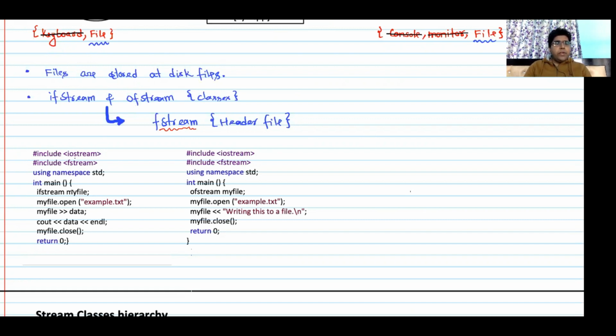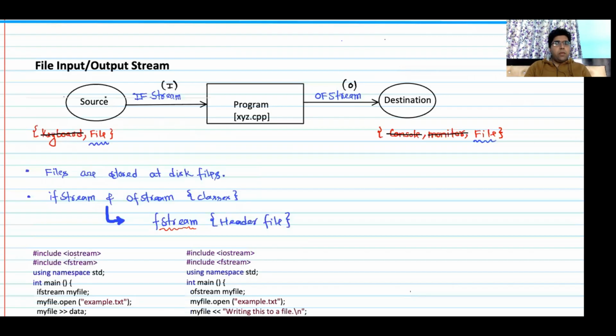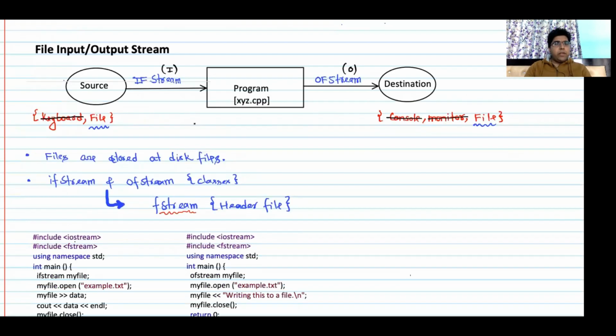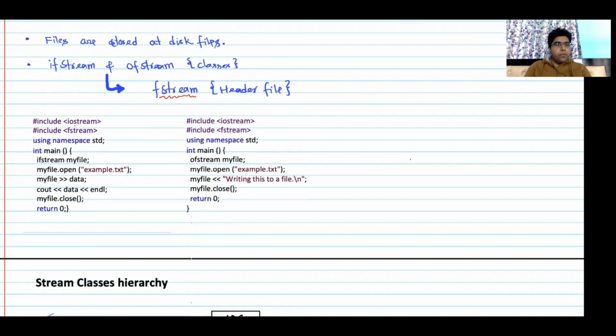If you want to read some data from a file, you have to use ifstream, input file stream. Why? Because you want to read the data from the source and perform some logic on it. You will extract the data from the input file, so you have to use input file stream.